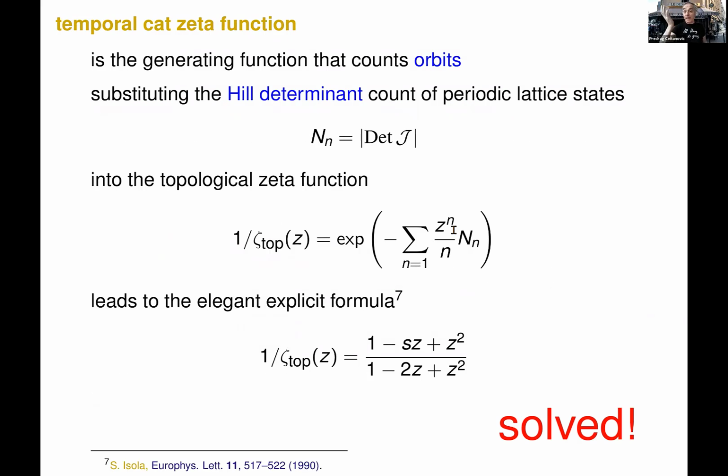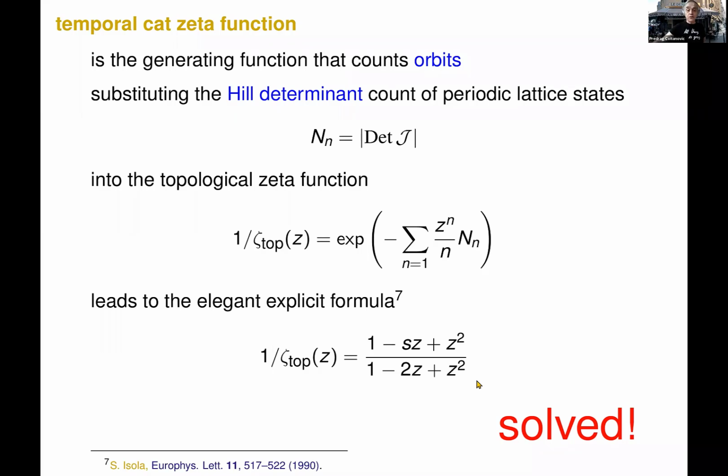And more amazingly, you can add them up to all orders, discounts of Hill determinants, stick them in the topological zeta function, and you get this beautiful explicit formula due to Isola in 1990 that says the zeta function is a rational polynomial, where in the numerator I have the stretching factor, in the denominator I have something that turns out to be the Laplacian for a one-dimensional lattice.